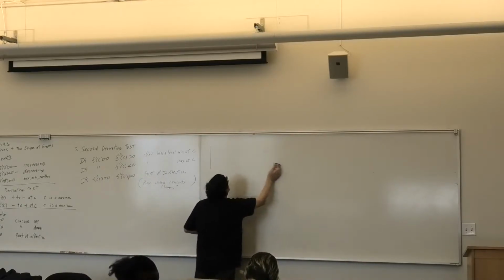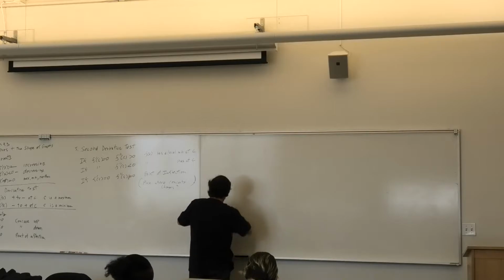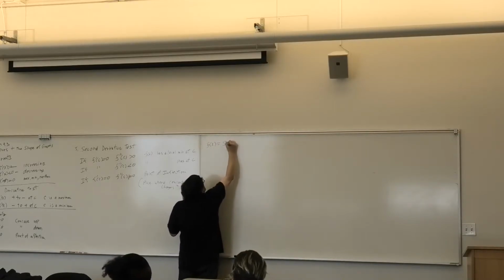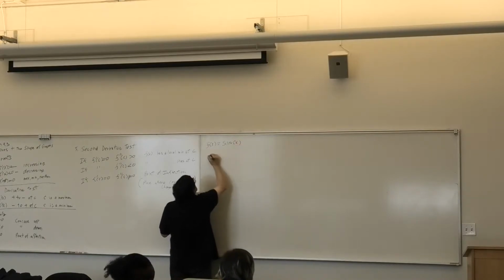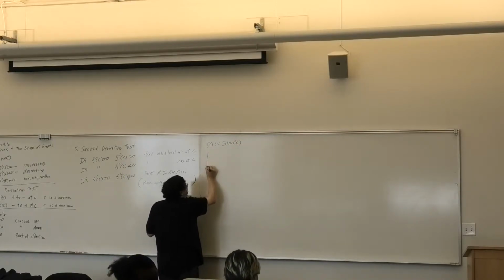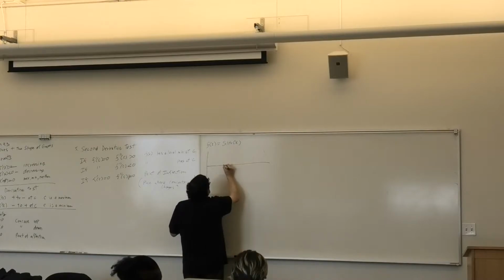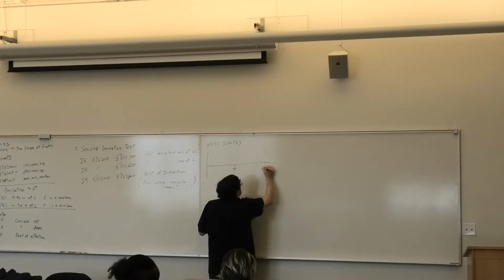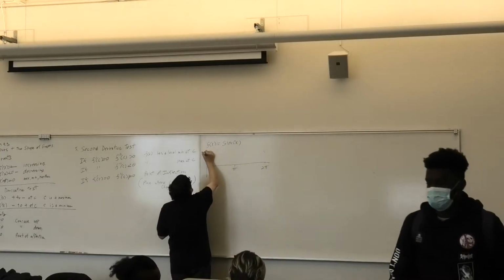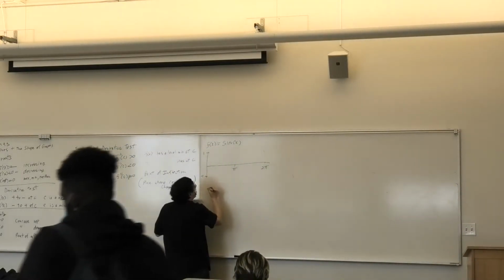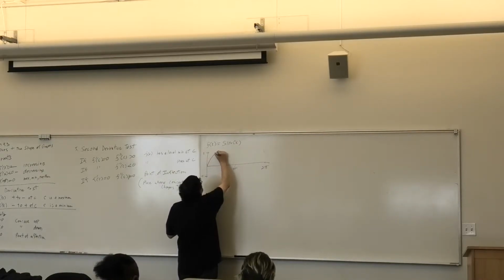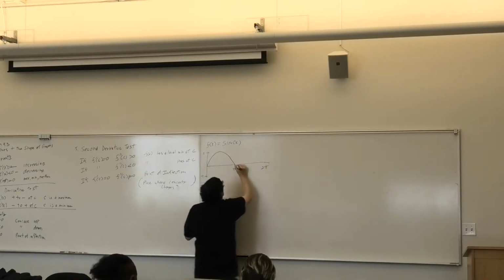Take a couple of tries. This is f of x equals the sine of x. So here's pi, 2 pi, 1, -1, and it's going to go like this.